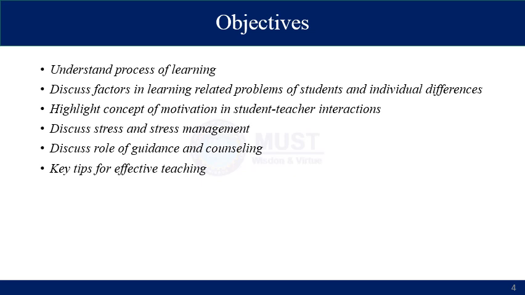To do that, we have to discuss the factors in learning related problems of the students and individual differences between the students. You may have encountered several scenarios in which you are unable to communicate your instructional material to the students, or some of the students may seem to face some problems related to the content delivery.